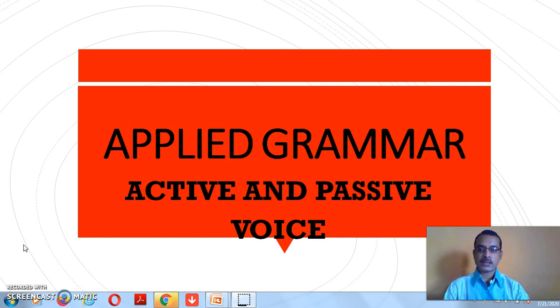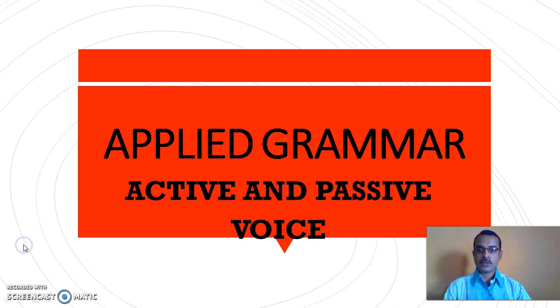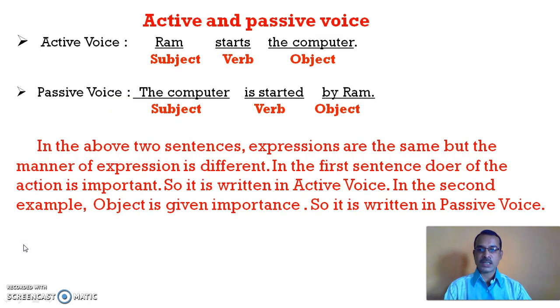And in today's online lecture, we are going to study active and passive voice in English language. So, let's have a look at the various types of sentences that are used to make active to passive and passive to active.